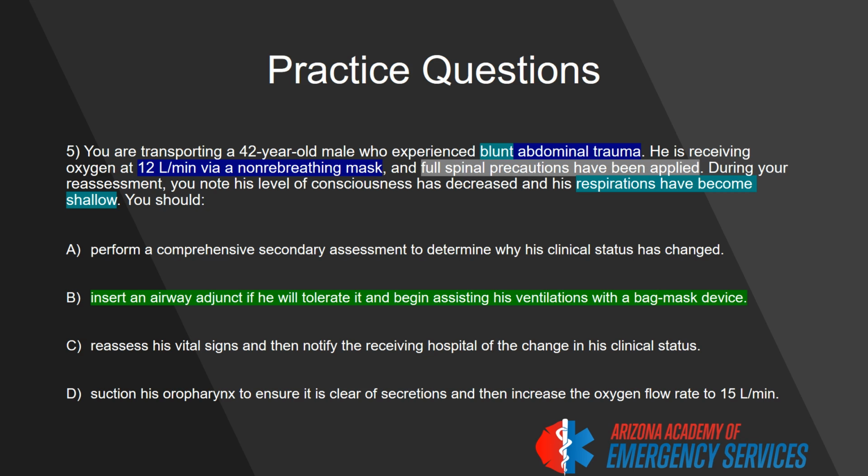And if the patient has compromised tidal volume, that means that it doesn't matter how many liters per minute through the non-rebreather or the nasal cannula we're giving them. If the patient can't, under their own effort, bring that air all the way down into the alveoli, we need a device to push that air down into the alveoli for them, which is again what makes B the correct answer.